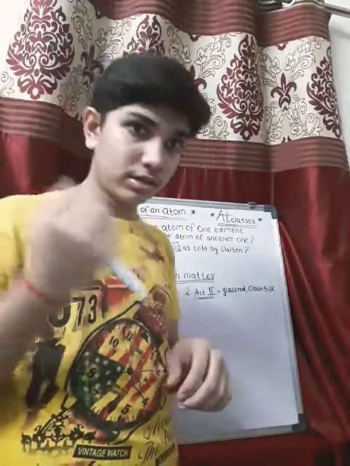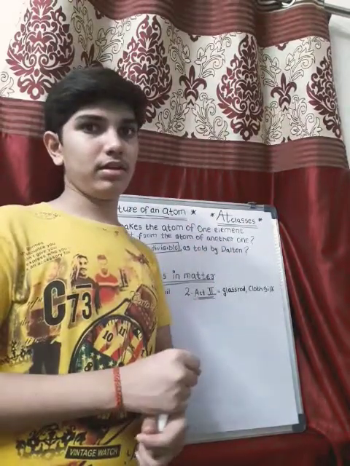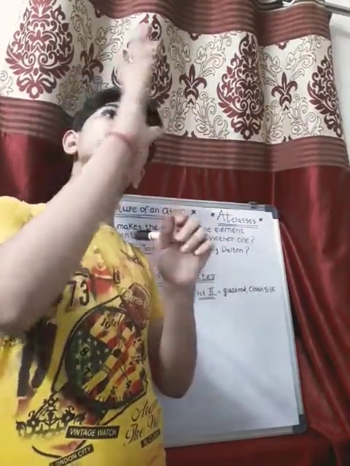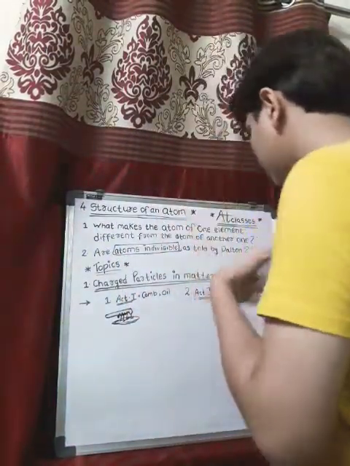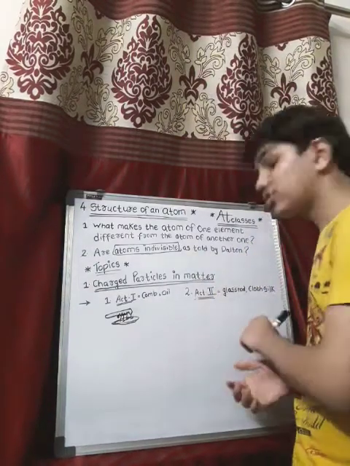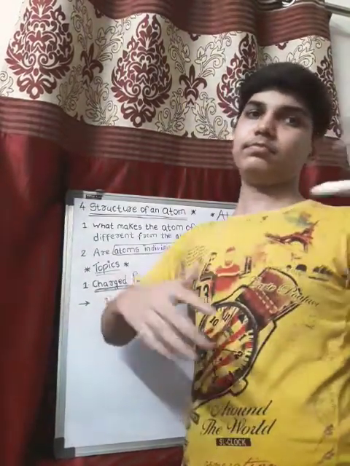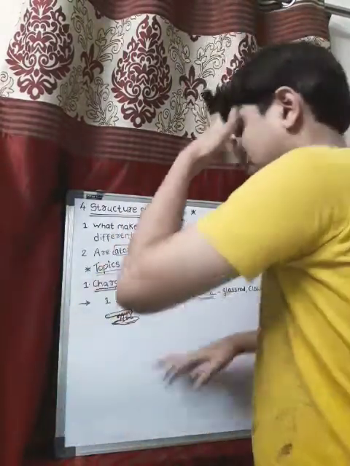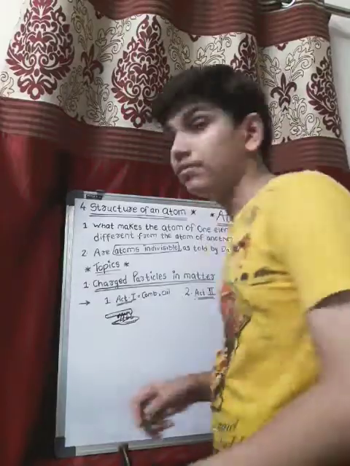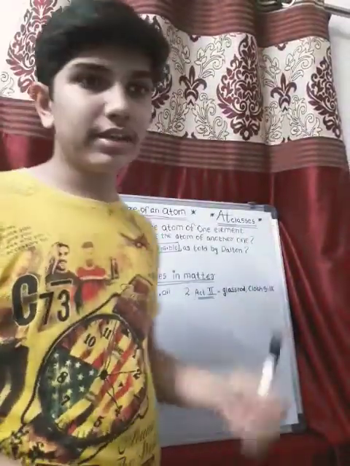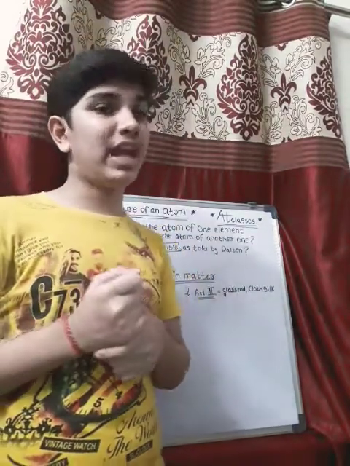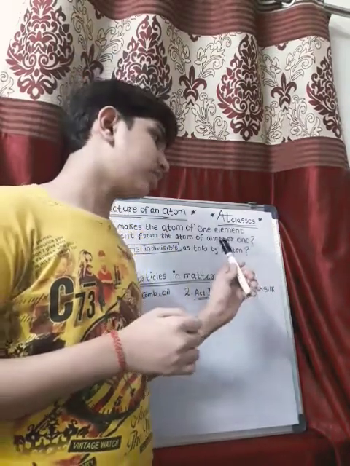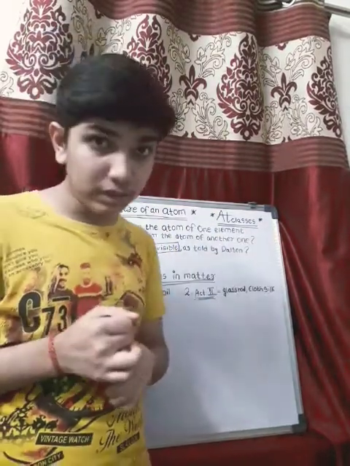We rub it with the silk cloth and bring it near the balloon. What will happen? Observe that and send me in the comment box what happens when the glass rod is rubbed with the silk cloth and brought near the balloon.